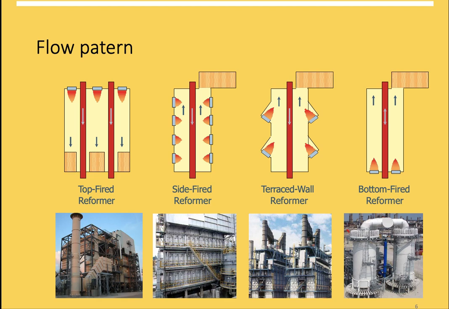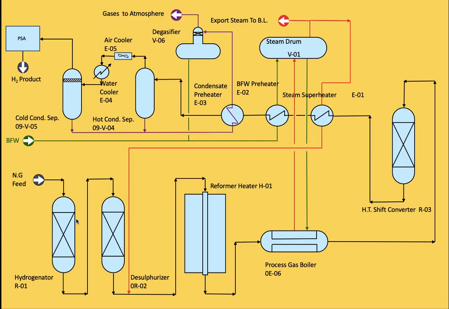So we learned at this moment the overall process flow. You have to treat the gas in the feed section: sulfur removal, and mixing with steam, with a steam ratio from 2.5 to 3. This is high pressure steam for sure, because of the reaction between CH4 and H2O, okay?